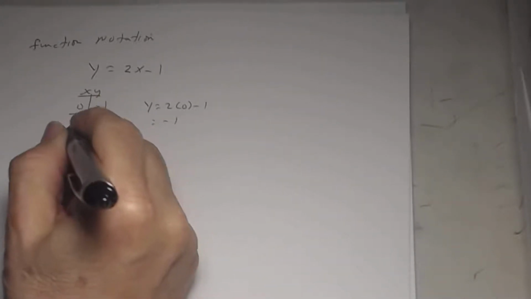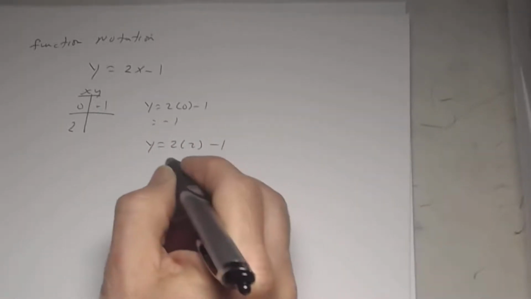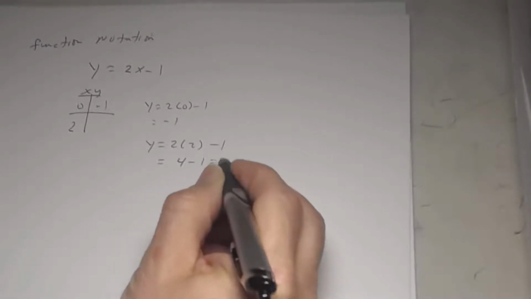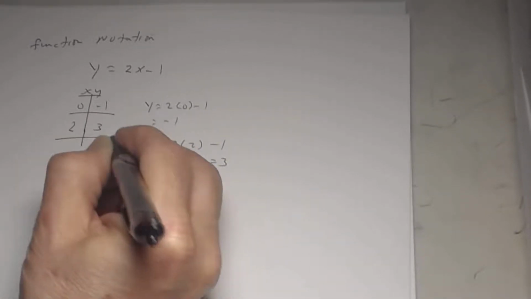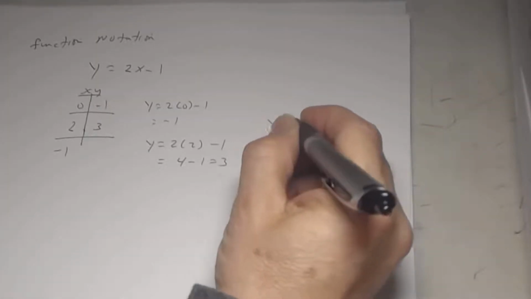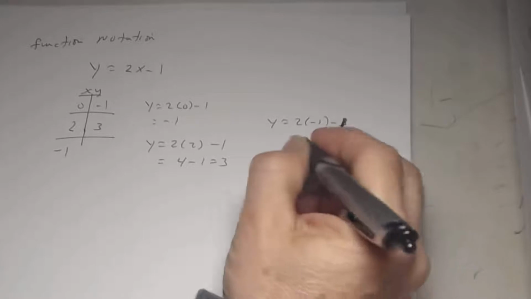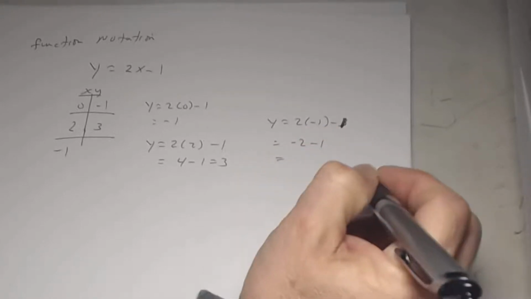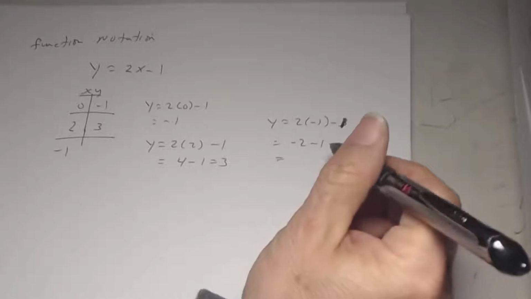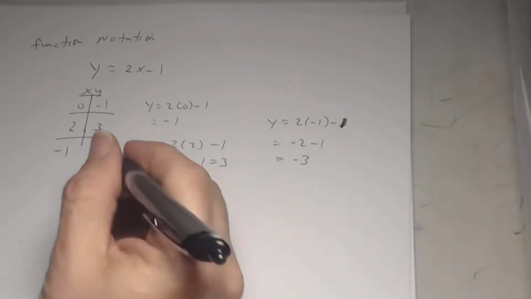If x is, let's say, 2, I get y equals 2 times 2 minus 1, which is 4 minus 1, which is 3. Agree? If x is, let's say, negative 1, I get y equals 2 times negative 1 minus 1. So that's negative 2 minus 1, which is negative 3, right? Okay.